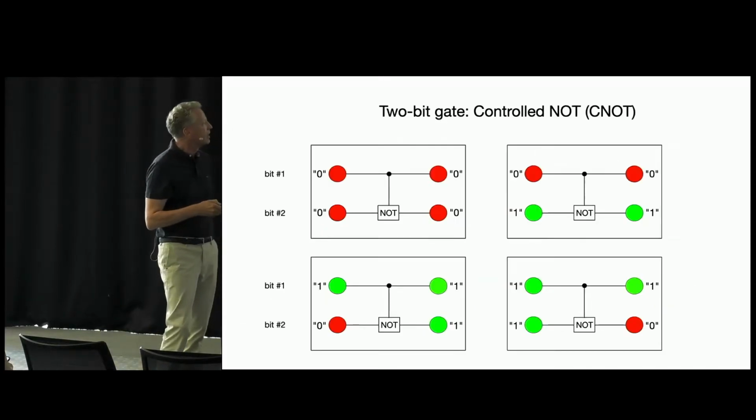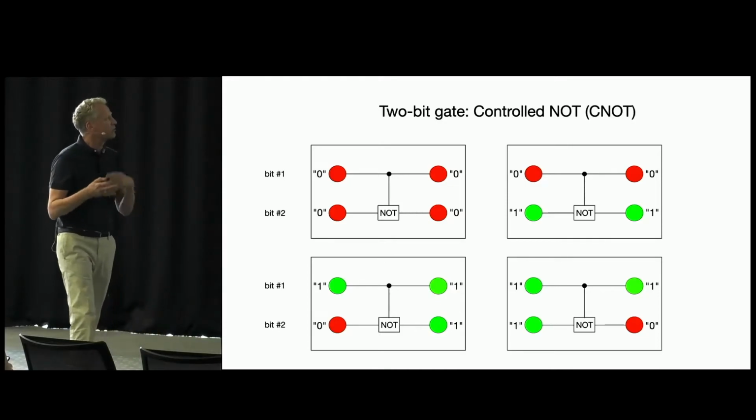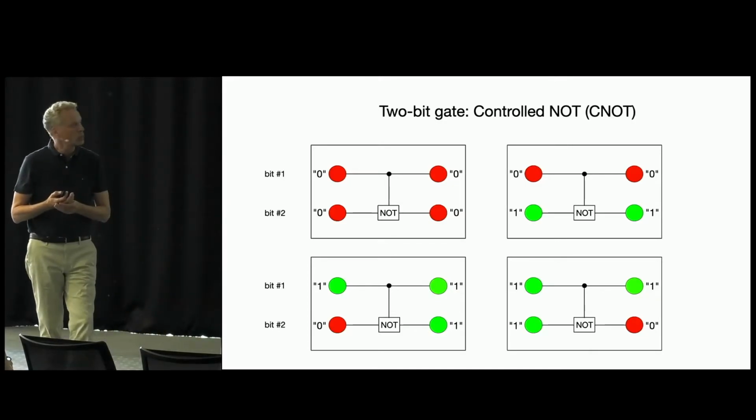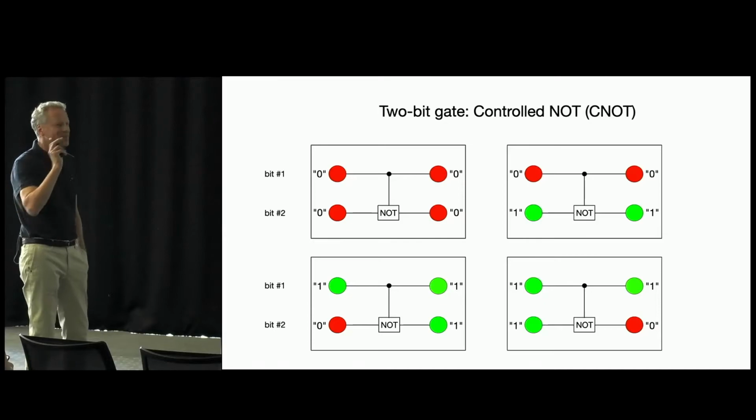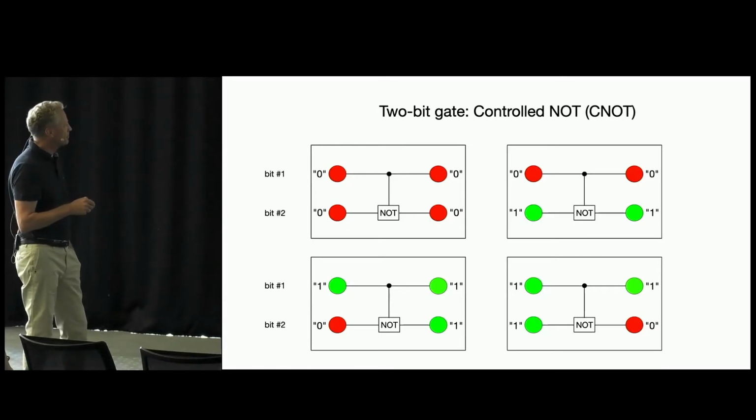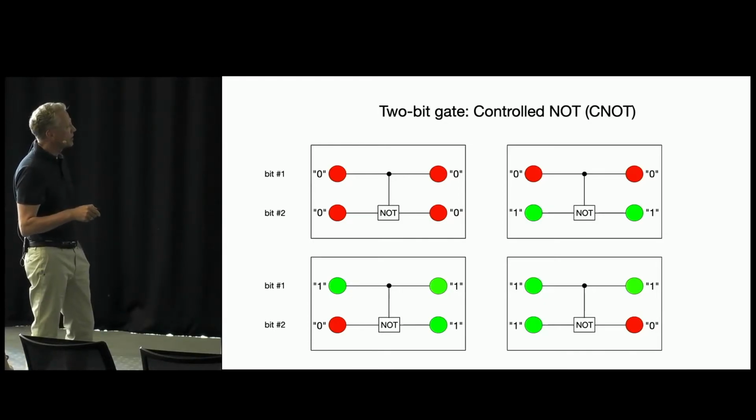Okay, and so then we can look at also 2 bit gates in classical computing, and one would be this controlled NOT gate, where we apply a NOT, in this case on the second bit, if the first bit is not 0 but 1.